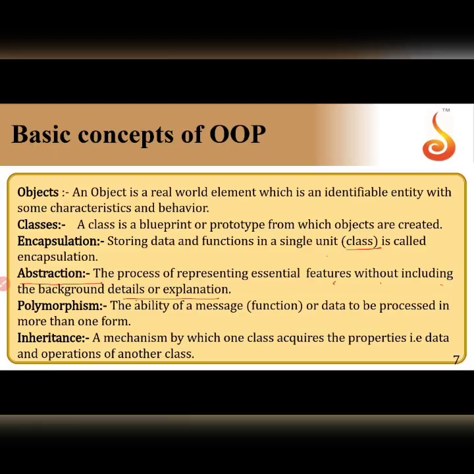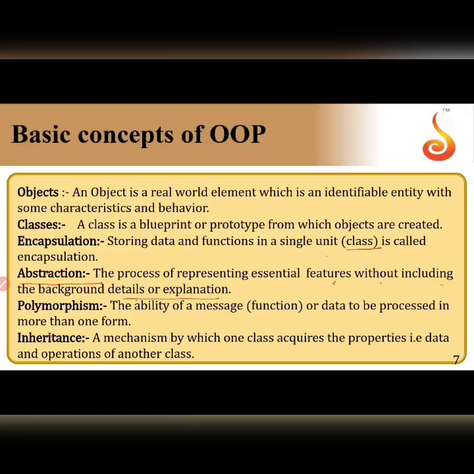That is the process of representing only essential features. That is just giving you an option of choosing the document, the style, and then the print command, and collecting the printed document. You don't have to worry about how exactly it moves through the network or the communication or the medium, and how exactly it gets printed, how it gets converted, how it waits in the queue and then gets printed.